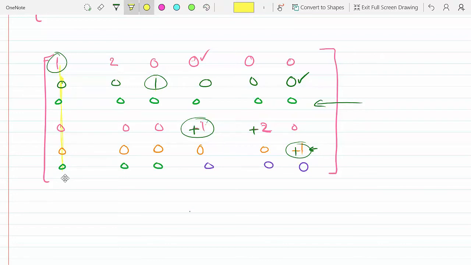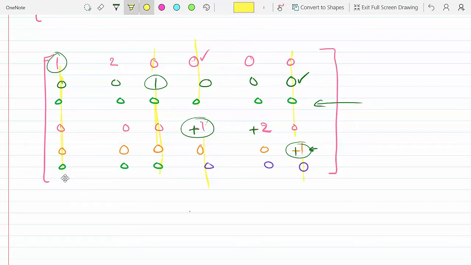Same here, right? Yeah, it's the only non-zero entry in the column, so zeros above and below. Well, this doesn't matter because I already have my one. This is my one here, so zeros below.